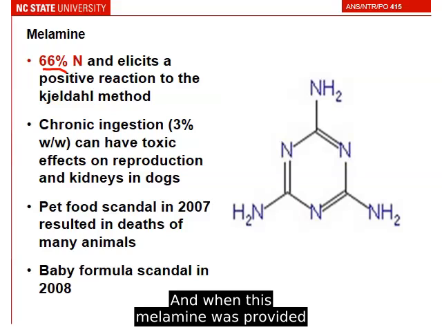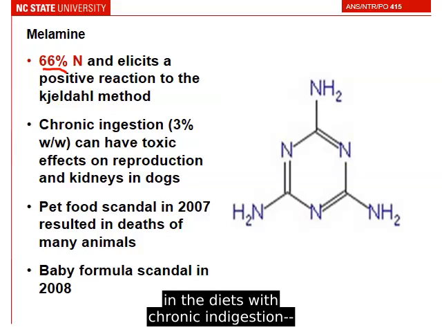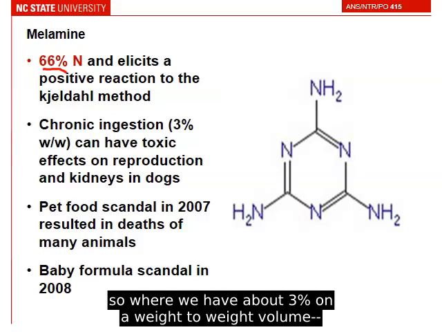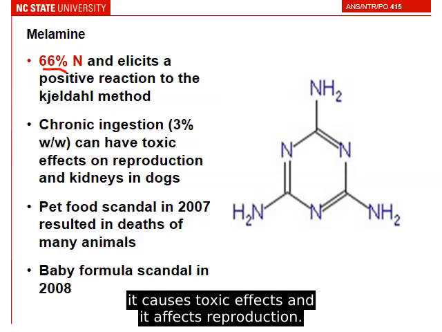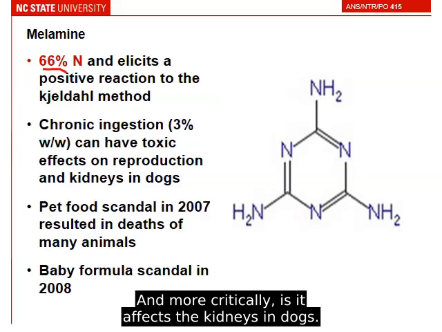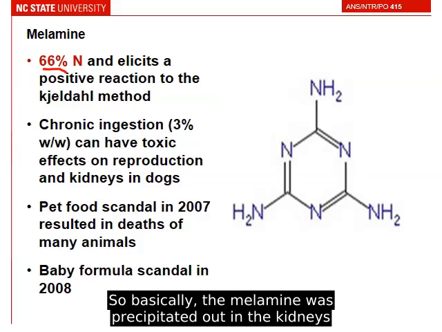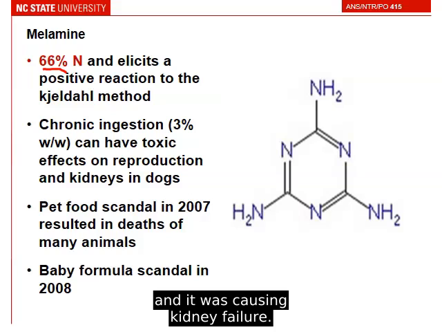When this melamine was provided in the diets with chronic ingestion, at about 3% weight-to-weight, it causes toxic effects, and it affects reproduction, and more critically it affects the kidneys in dogs. Basically the melamine was precipitating out in the kidneys, and it was causing kidney failure.